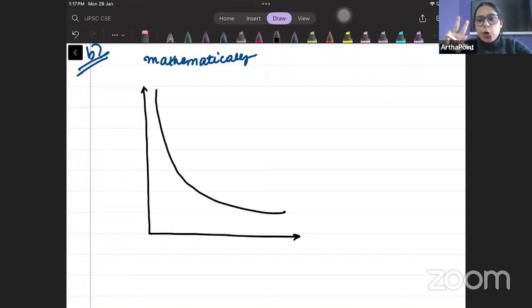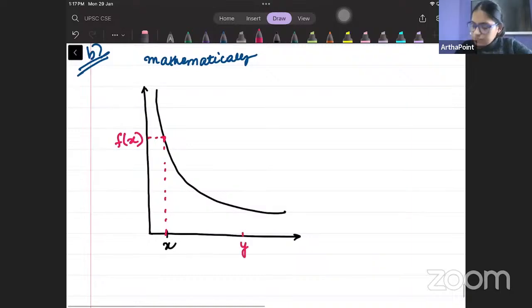I will take 2 points on the curve. मैंने यहाँ पे point ले लिया x. Beta, whenever you will take x on the indifference curve, आपको यहाँ पे मिल जाएगा value जब आप function में input करते हो. So this is called f of x. You take the point y. Whenever you will put y in the function, you will get f of y.